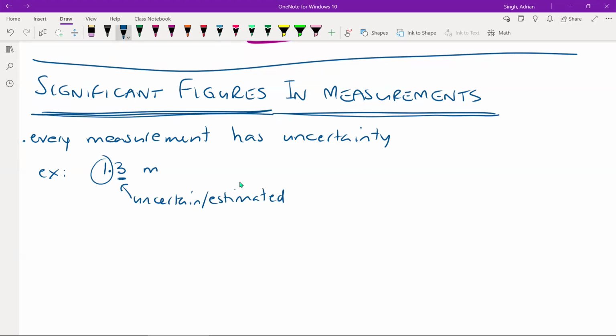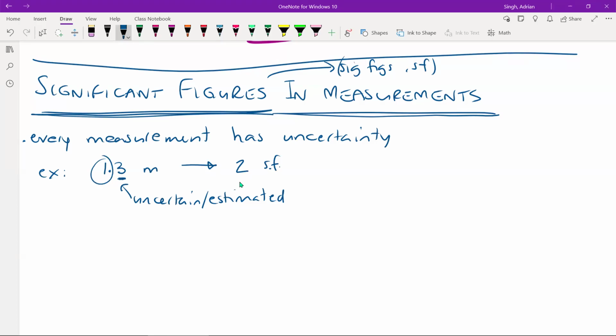So in this particular measurement, in terms of significant figures, or sometimes this is referred to as sig figs, or just SF for abbreviations, or sometimes significant digits is another term that you'll see. This would have two significant figures in that measurement, both the 1 and the 3, right?